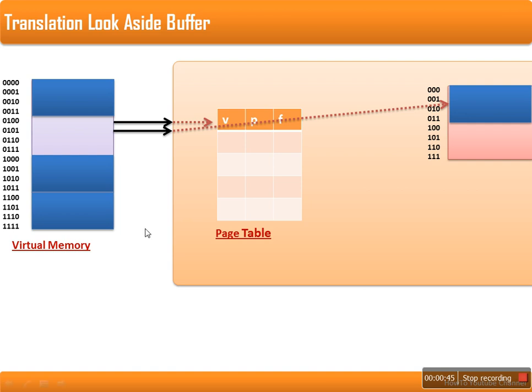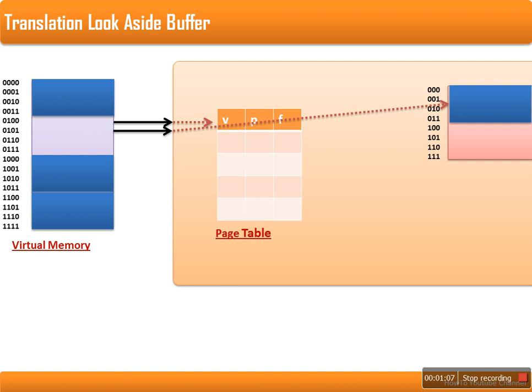But what actually happens is that whenever a virtual address is provided to the memory management unit, it first of all accesses the page table in order to find the corresponding frame number, like in which frame number that page is stored. This will be counted as the first memory access because the page table is also stored in RAM.